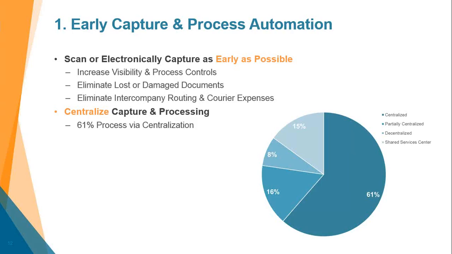As you can see, capturing early in the process is a big component of this: eliminating printing of documents that are emailed over, ingesting those directly into a system, which we're big proponents of, and ultimately eliminating manual routing, time and expenses, and minimizing lost documents are key components of this early capture piece.